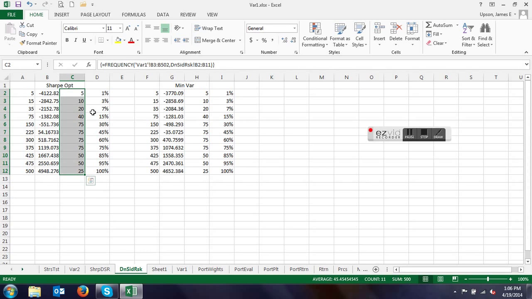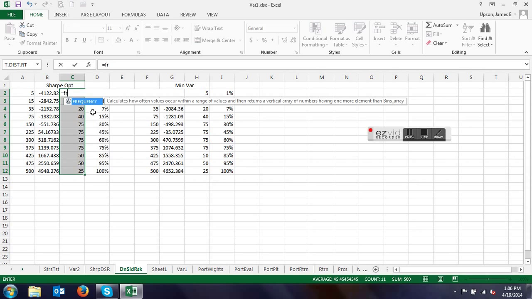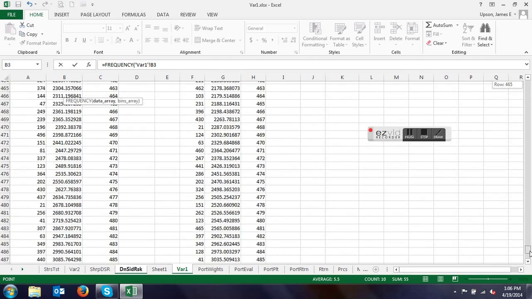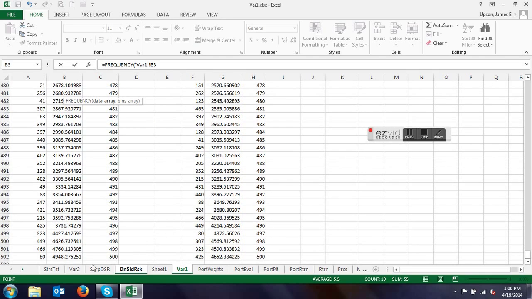And then we're going to type in equals FREQUENCY, and that's going to give us our frequency. The next thing is the data array. So we'll come here to VaR tab 1 and we're selecting our list of returns. Hit comma.